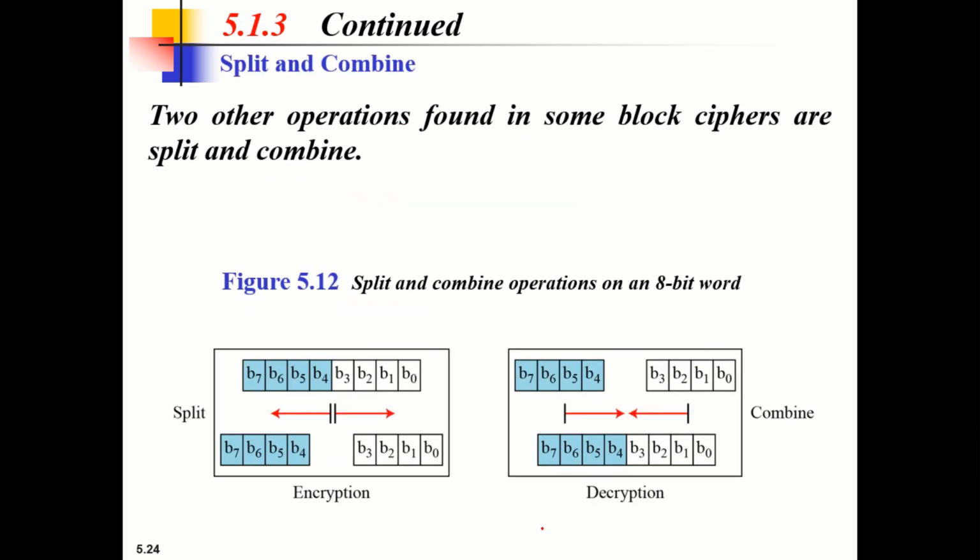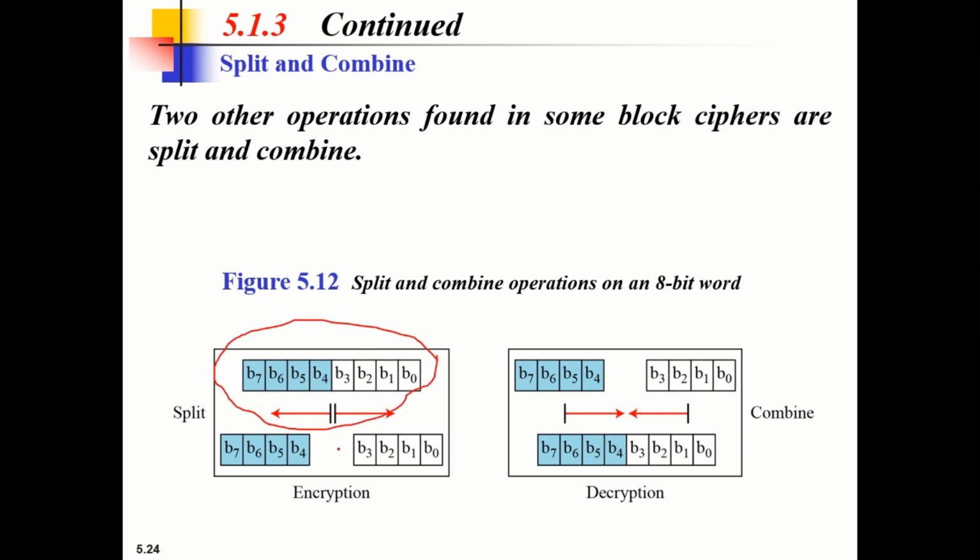Next is the split and combine operation. In split and combine, we split the word at the encrypting end and then combine the word at the decrypting end, because after all, after decryption we need the whole plain text. So this is the initial plain text.